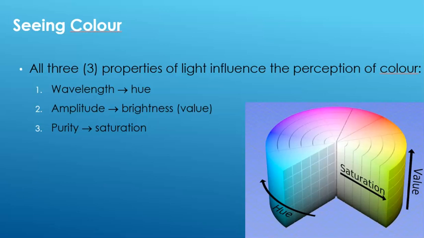Now, when talking about saturation, if we look at this fun little pie over here, saturation means how deep the color is. So from a light blue here to a darker blue, that's the amount of saturation, okay? If you think of a white base, how much of that color is it to get away from white.